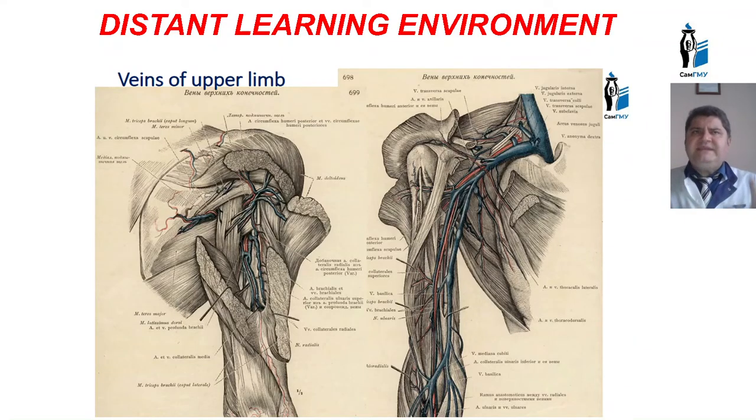All these veins have valves. The venous valves regulate the direction of blood flow, and you must know that the drainage function of veins determines the direction of blood flow from organ to heart.